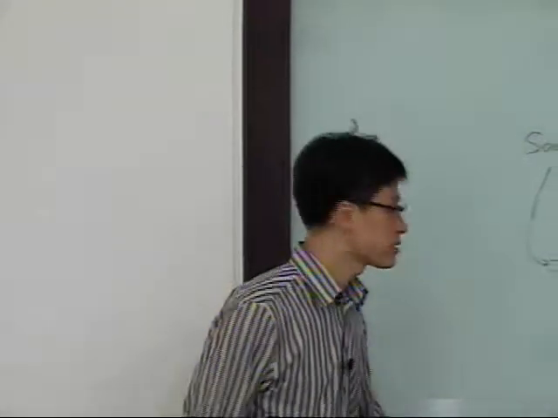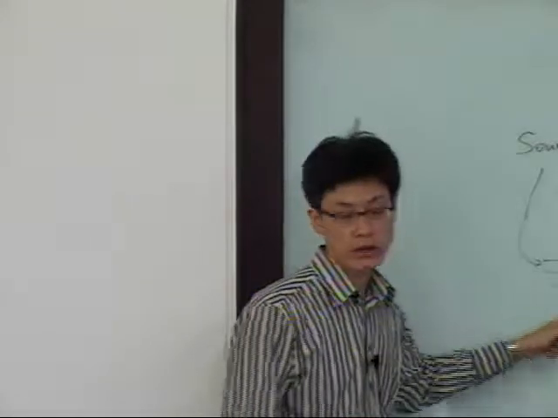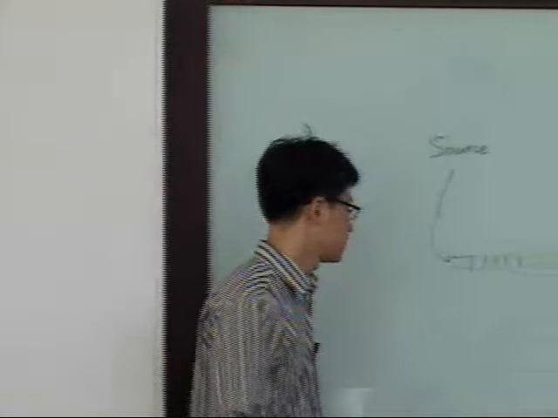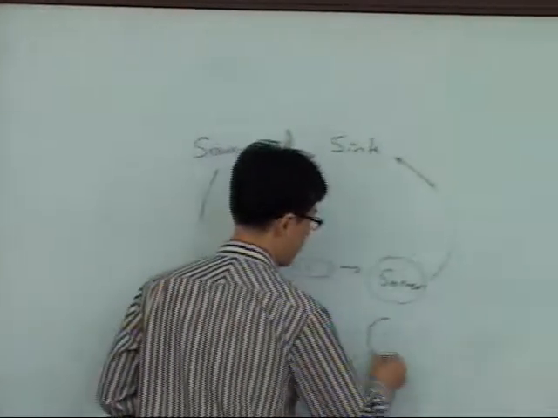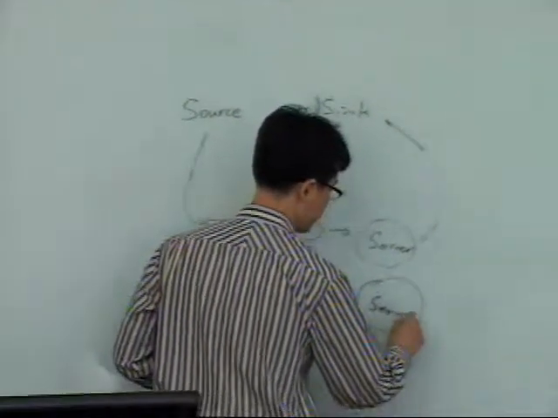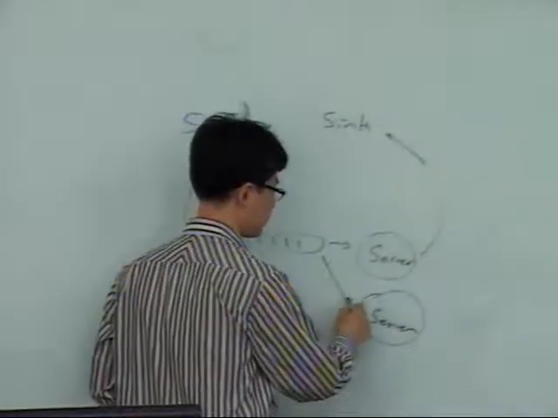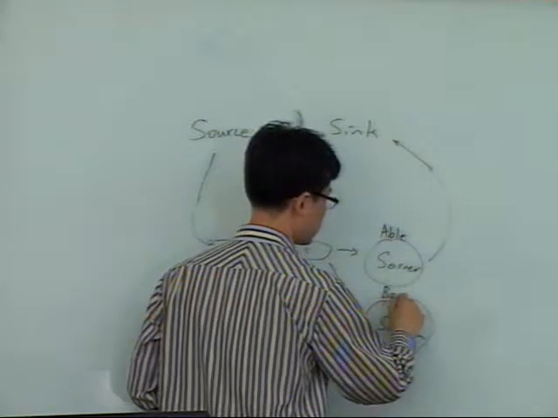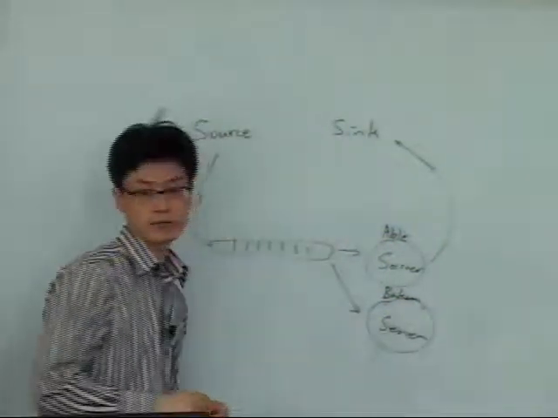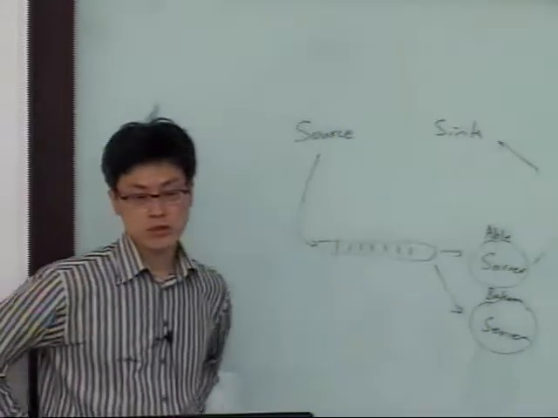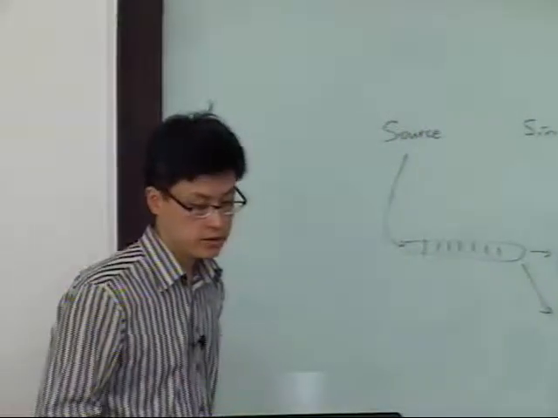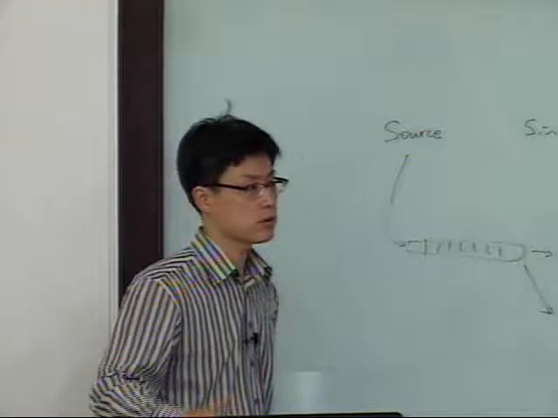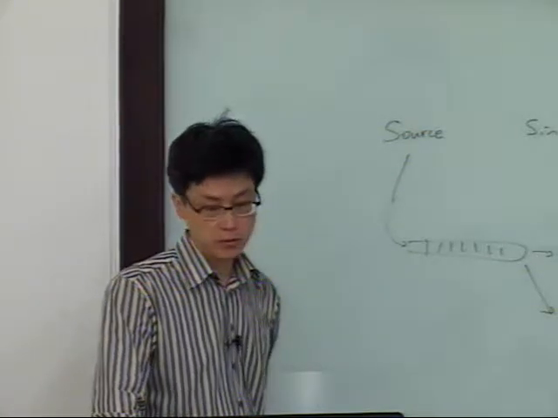Okay, customers now arrive at the waiting line, and now we have 2 servers. One is Able, the other is Baker, right? The service distribution of Able ranges from 2 to 5 minutes, and it has its own probability and cumulative probability.